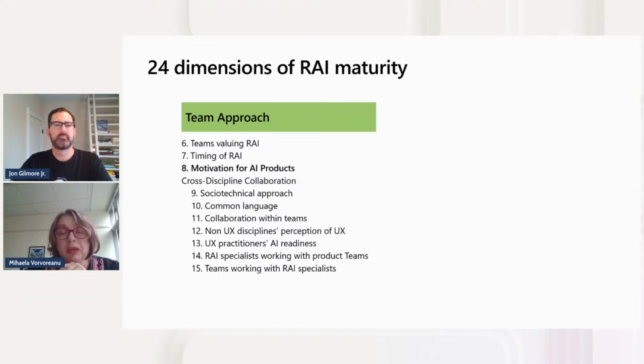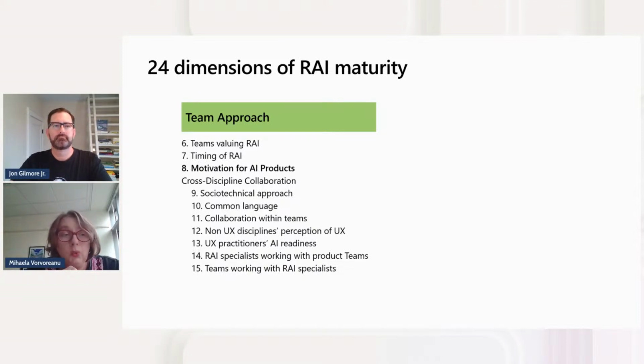Now, if you think about it, this makes sense because responsible AI is socio-technical in nature, right? It's a technology, but it affects people. And so the problems that we're trying to solve involve both people and technology. And so we need at the table the experts in technology and the experts in working with people, such as your UX researchers, UX designers, content writers, and so on and so forth.